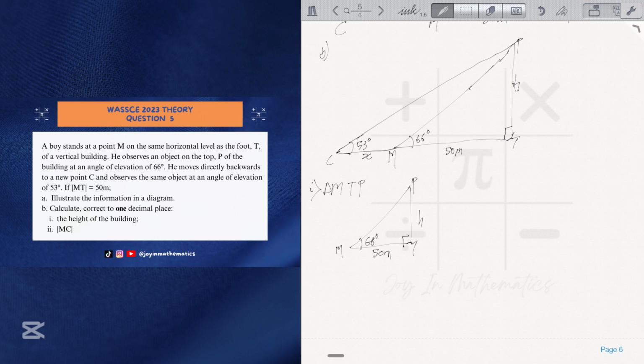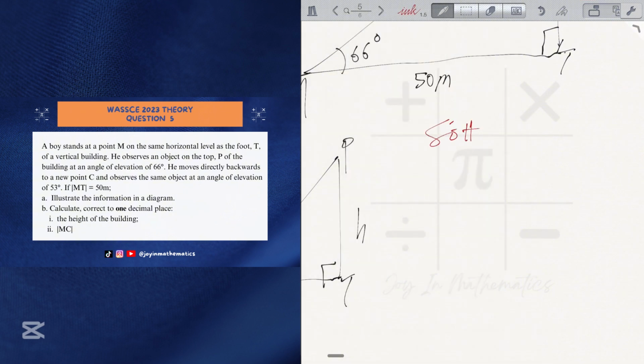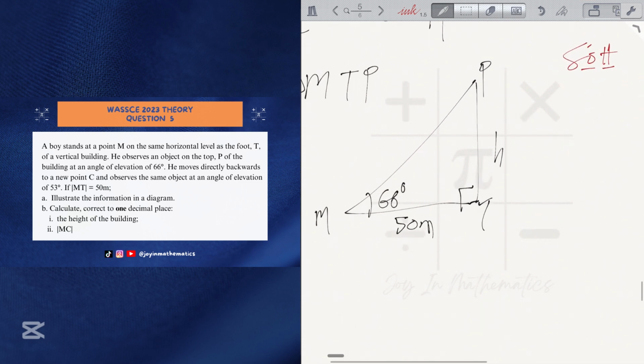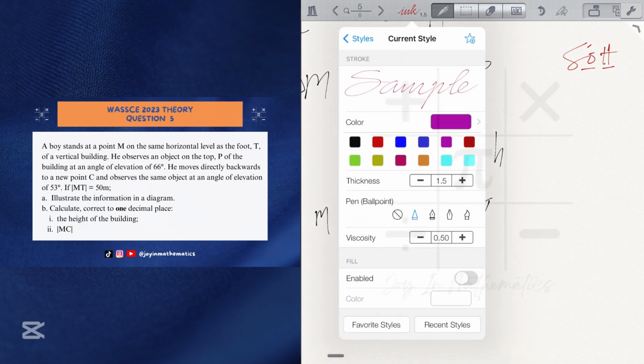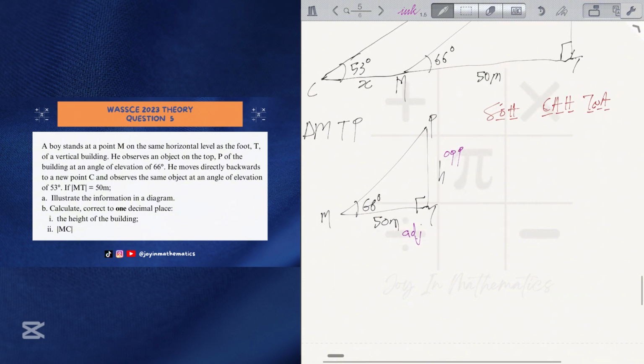To solve this, we are going to use the trigonometric functions of SOHCAHTOA. Sine is opposite over hypotenuse, cos is adjacent over hypotenuse, tan is opposite over adjacent. Now considering 66 degrees, the side facing the angle is the opposite and the other side is the adjacent. So what relates opposite and adjacent together is tan.